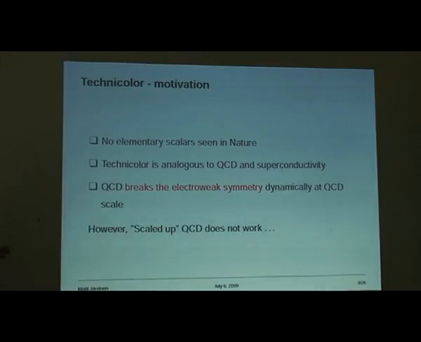And it should be borne in mind that QCD does break the electroweak symmetry. But it does it at the wrong scale.